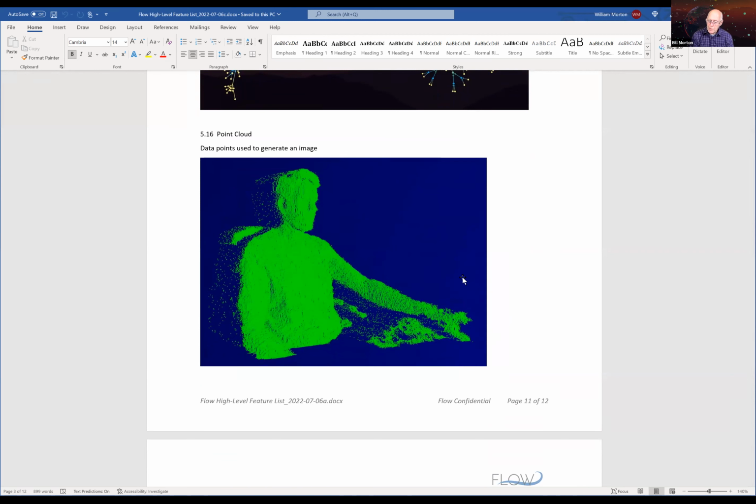It's possible, using concepts of point clouds, to have a 3D space that's defined, and then the dots, the data points, can be put in a random fashion into that 3D space. In this particular case, it's a man sitting at a computer screen, I think.